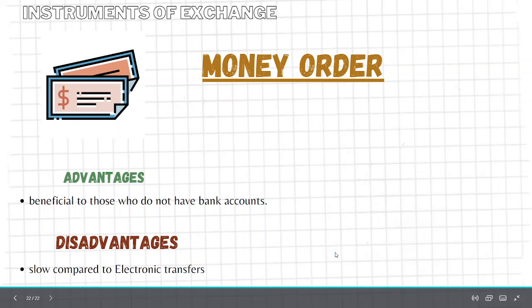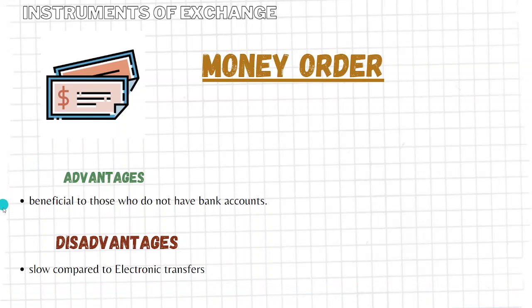So Mr. Brown did not necessarily have to go meet Janice to give her the money. He was able to do it through the post office, even though he did not have a bank account. It's also good for sending somebody large amounts of money.